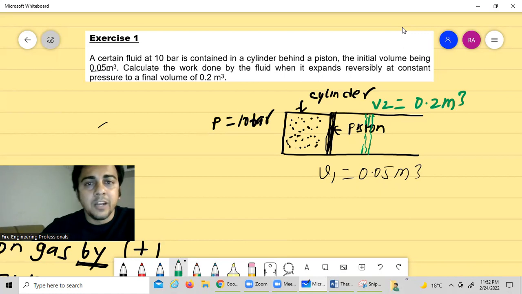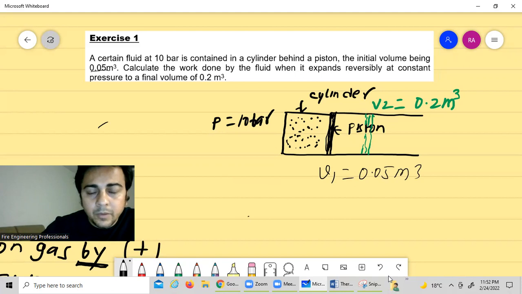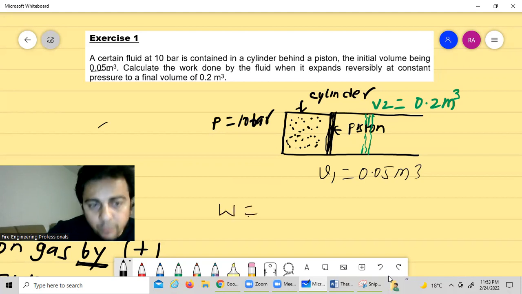So the question is to calculate the work done. So we have to find out the work done. The formula for finding the work done is W equals, here we have the pressure and volume terms.